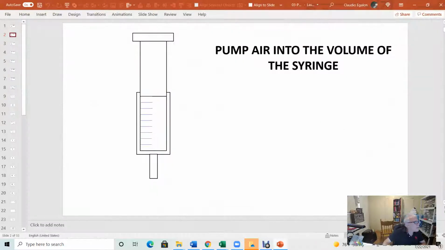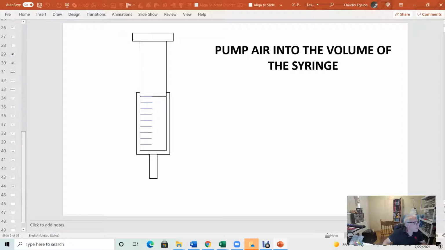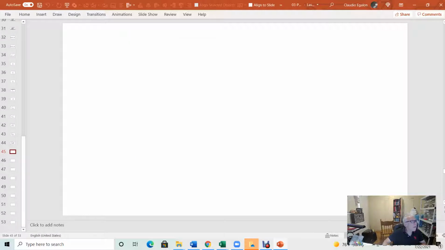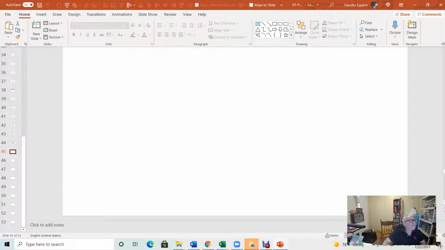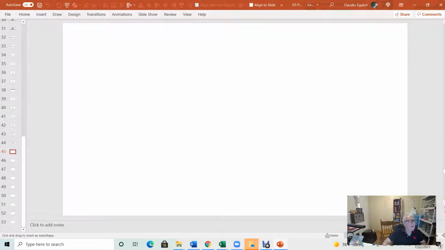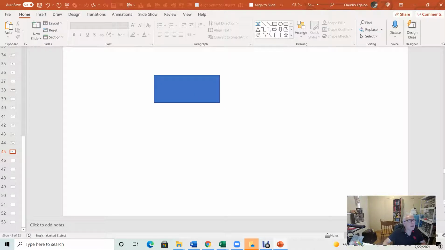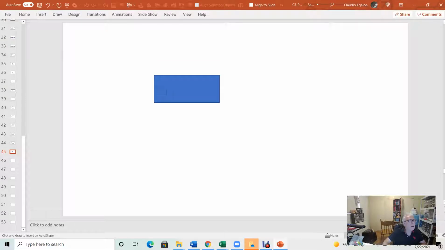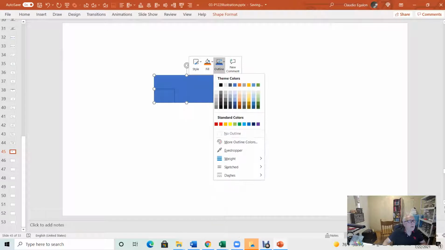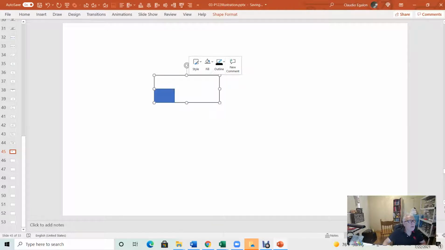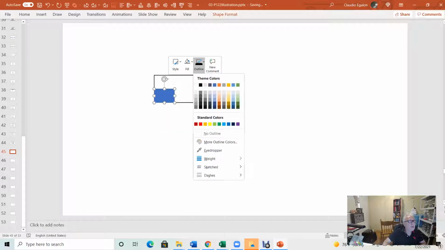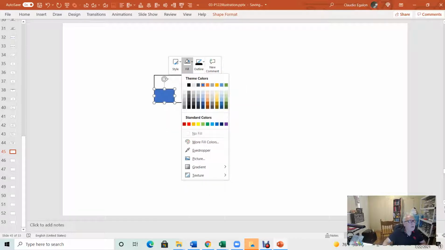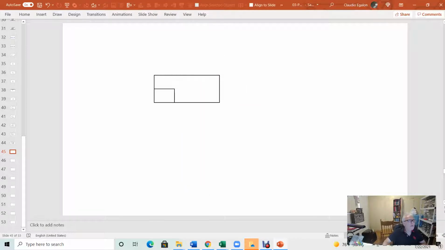I'm going to go to the last slide here, and then go back to the drawing. So the situation is the following. Here's the car. We have an engine installed in the car, right in here. That's the engine.